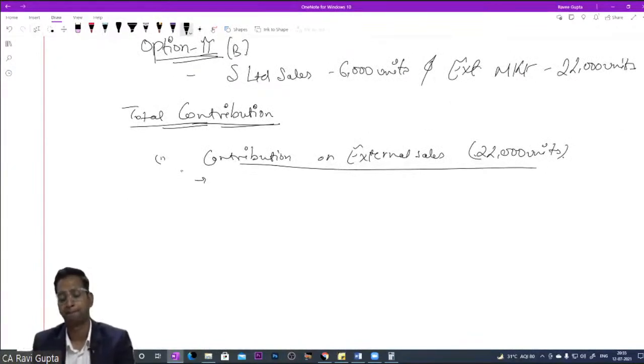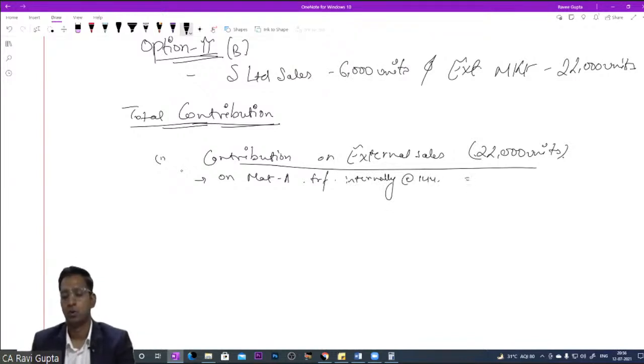So it will be on material A transferred internally at a rate of rupees 144.